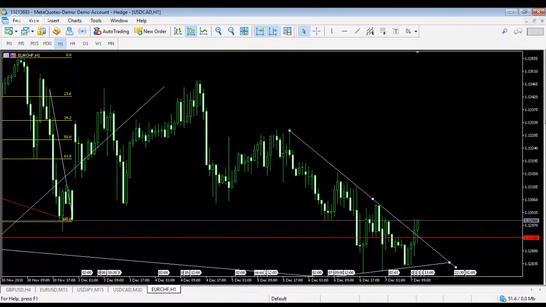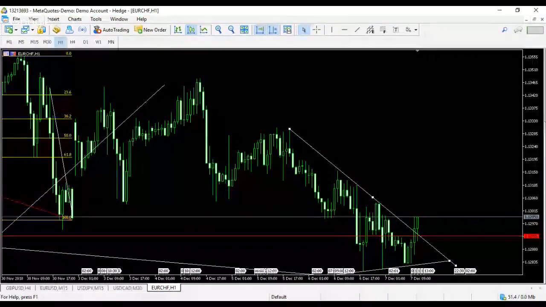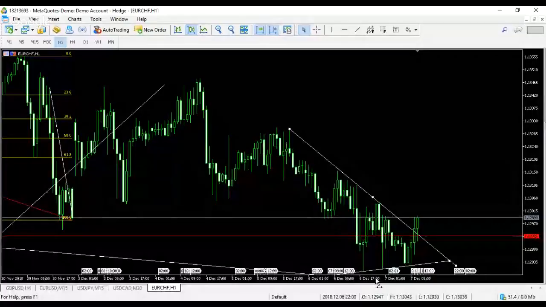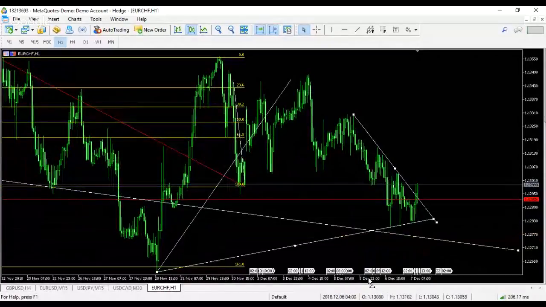But remember that the risk is high. The risk is very, very high. It's so simple for one person to determine where the market is going to go if you use the tools that I give you. There's a lot of things going on here.